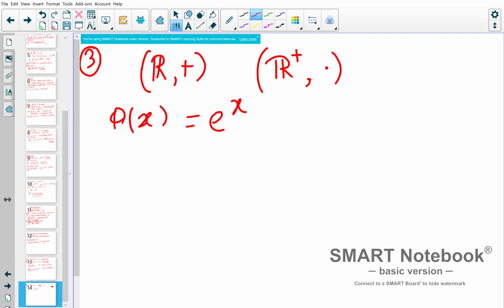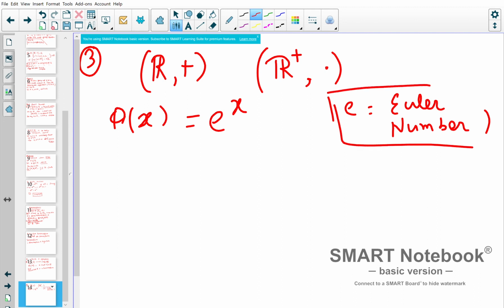Here e is the base of the natural logarithm, the Euler number, which you already know. Okay, and you check that phi is a homomorphism.